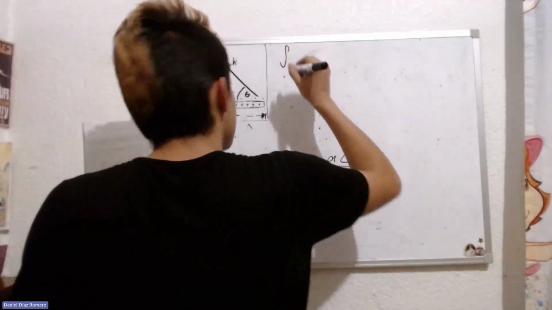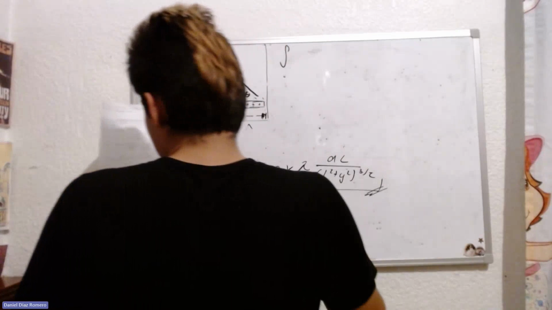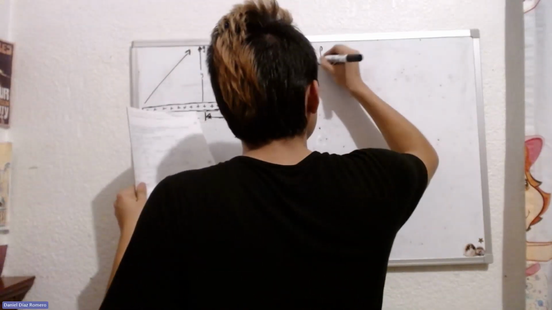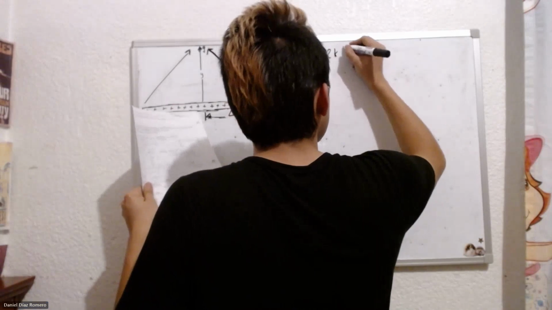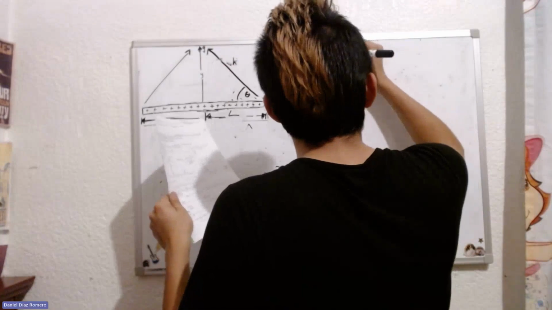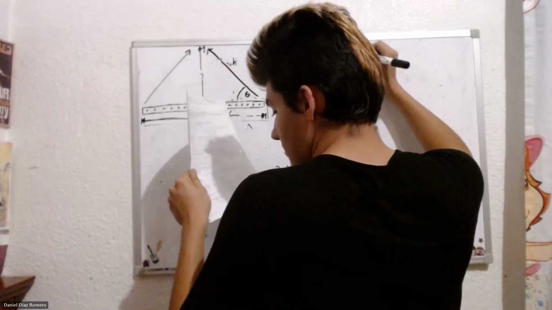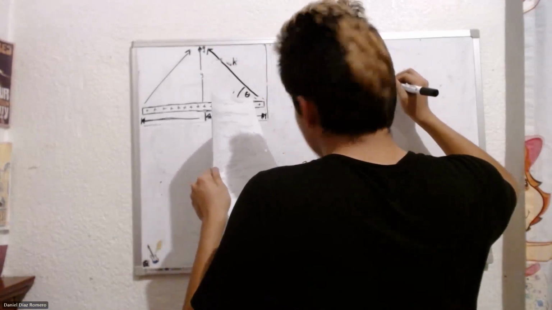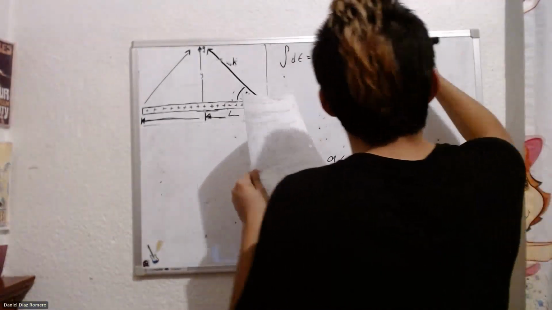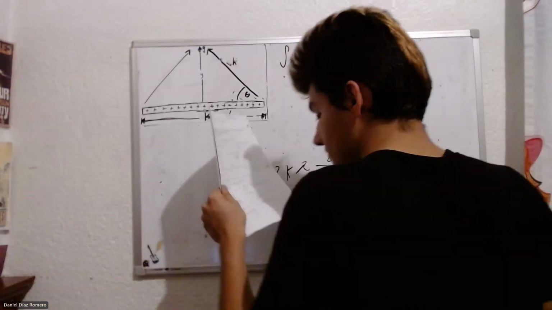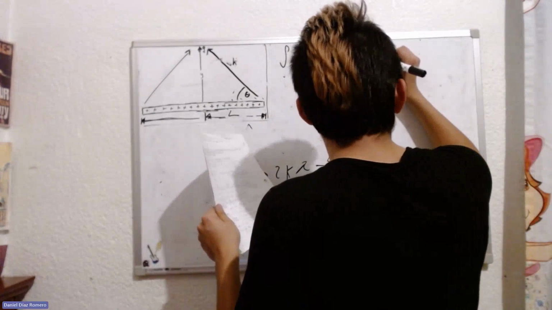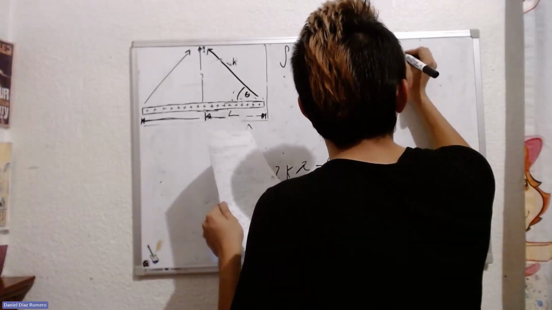So now we have to get the integral of this function, which would be the integral of 2 k lambda, sorry, I forgot to put it, lambda y dl over L squared plus y squared to 1.5.